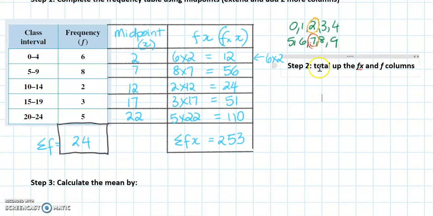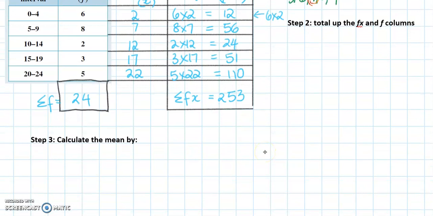So the second step is you total up each of the columns: the fx column and the frequency column. The reason we do that is to calculate the mean. And then step 3, we calculate the mean.